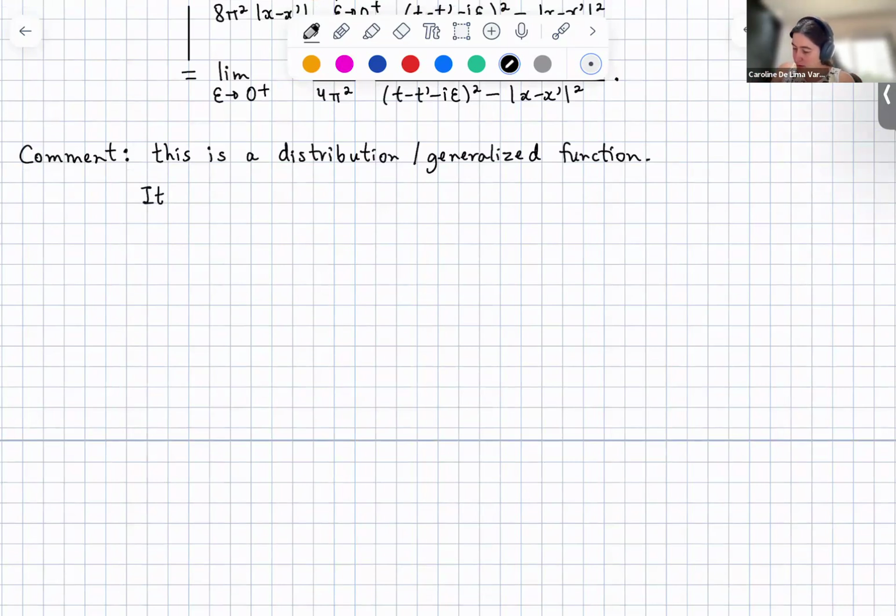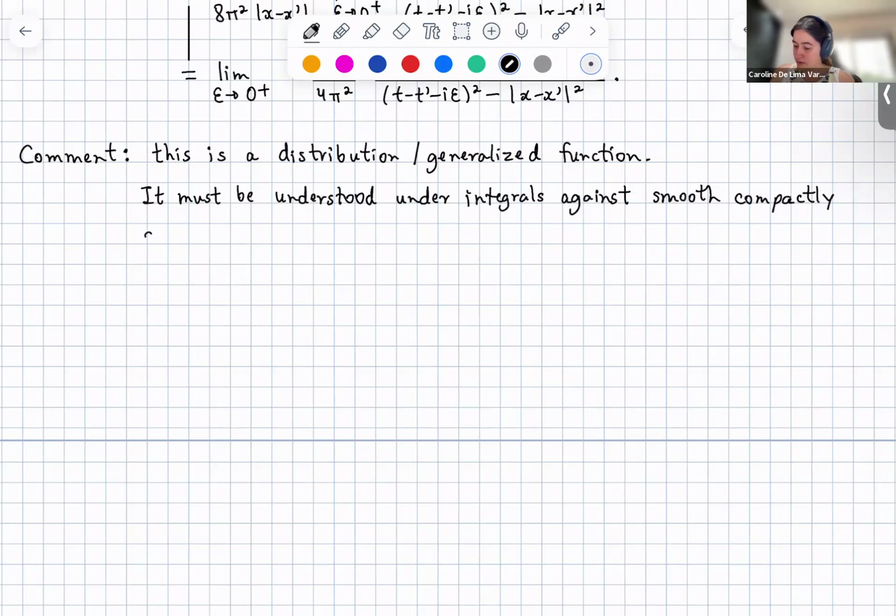So it must be understood under integrals against smooth, compactly supported test functions. Okay, so basically integrating against these well-behaved test functions. That is the idea here.